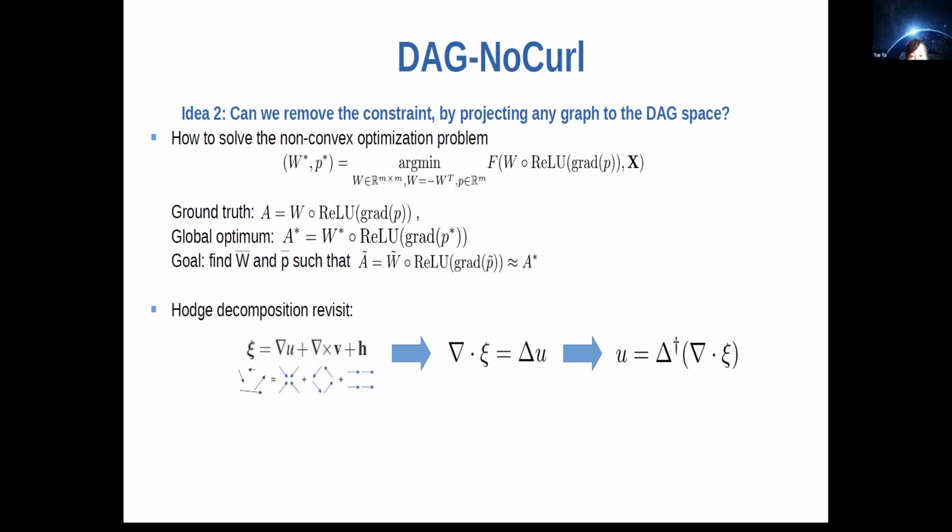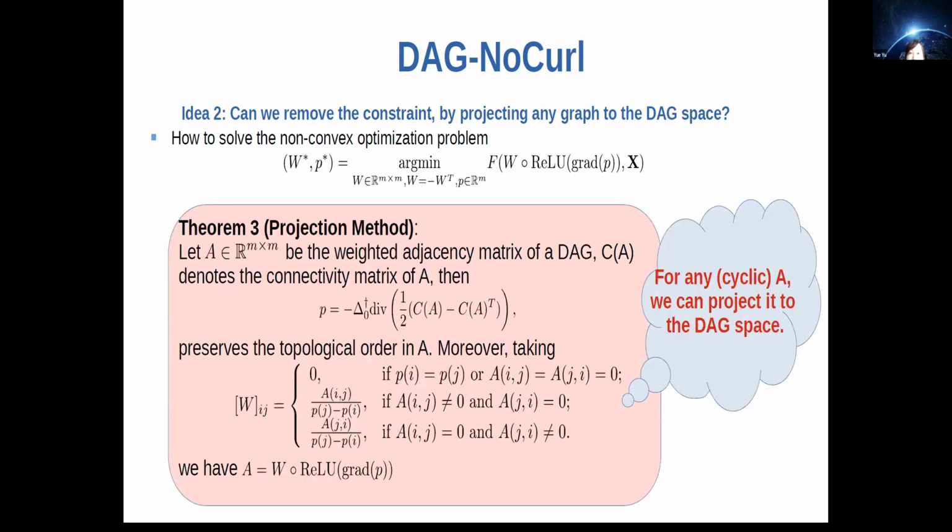Here we are trying to get the curl-free component. The idea is similar. We take a divergence on both sides, and then we get a Laplacian equation for the U. So now we can solve for the U by the pseudo-inverse of this Laplacian. Then the gradient of U will give us the curl-free component. That's exactly what we do.